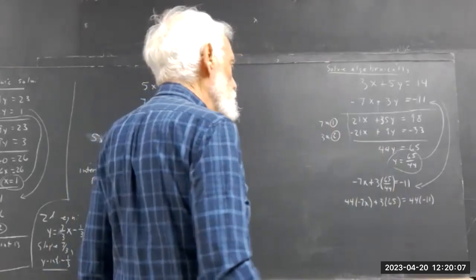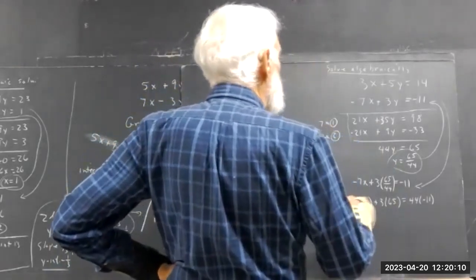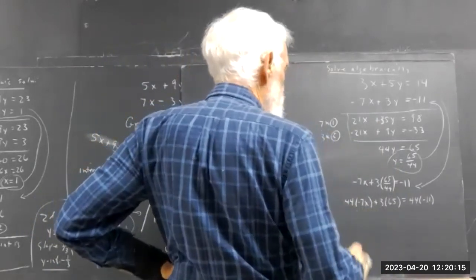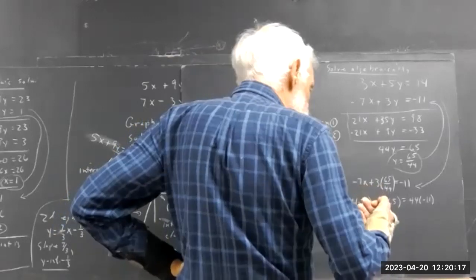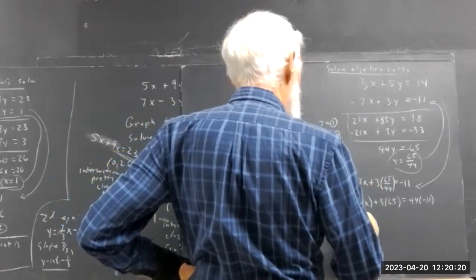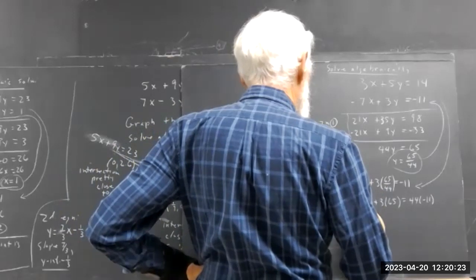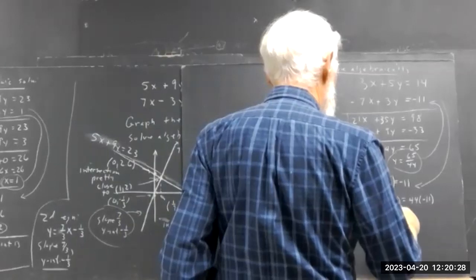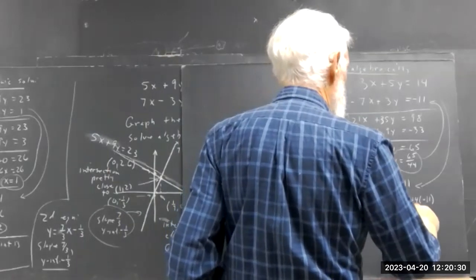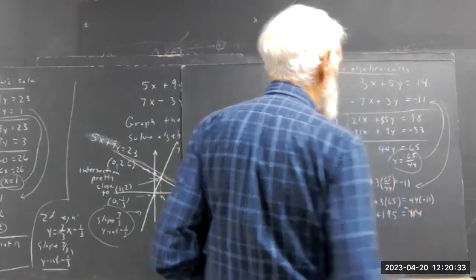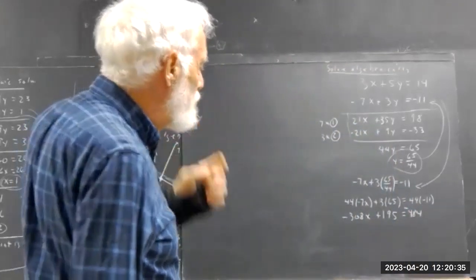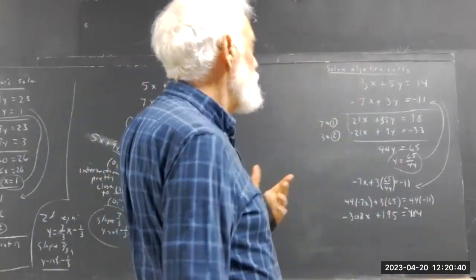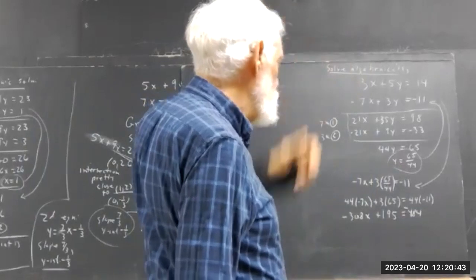Numbers aren't going to get all that horrible, so I do it in my head, but be careful. So 7 times 4 is 28, 7 times 40 is 280, 280 and 28 is 308. So if I'm lucky and did that multiplication right, I get this, and this is equal to 195, and this is 484, and it's negative. Then I add 125 and 195 and -484. 200 and -484 gives me -284.